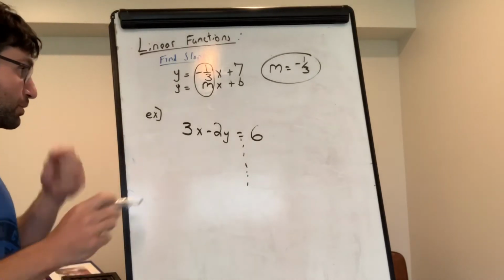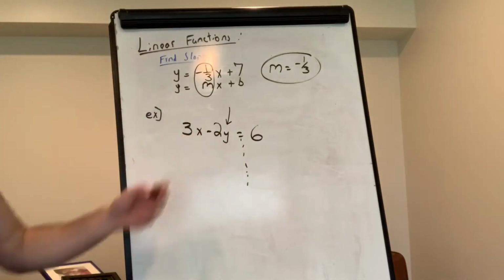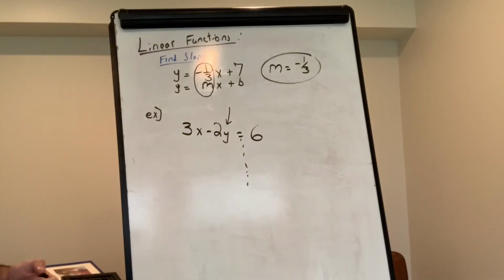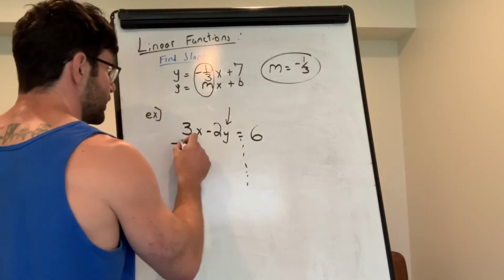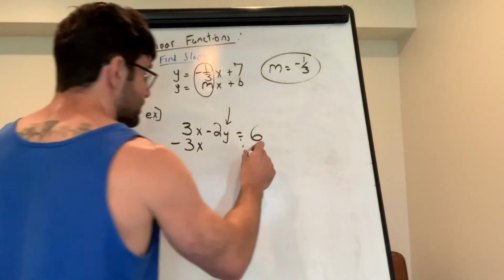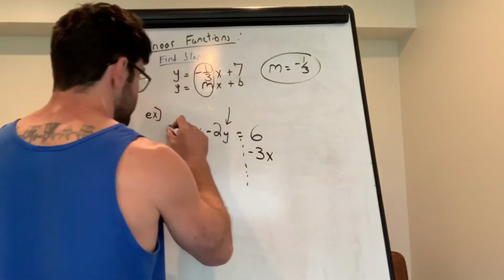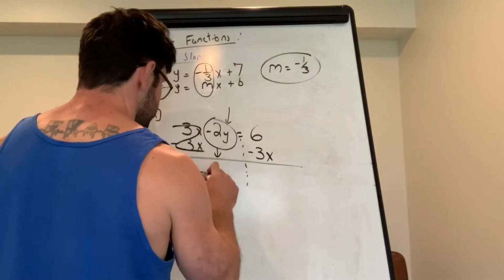That means we need to isolate the y. In order for us to get the y by itself, we need to move everything else. So the everything else is this 3x. So to start, I'm going to say, hey, it's positive. To get that to be 0, I subtract 3x. 3x minus 3x is 0. All of this comes down.